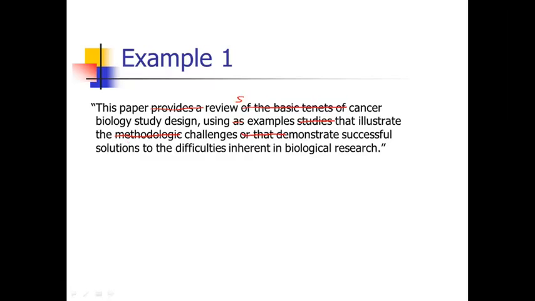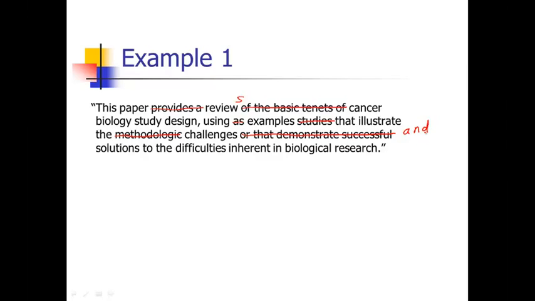So I'm going to cross that out. I'm also going to cross out the word successful. Think for a minute why I might have crossed out that word. Successful solutions: can you have a solution that is not successful? You can't, right? Success is inherent to the word solution, so it's repetitive to add the word successful in front. And then we get to "the difficulties inherent in biological research."